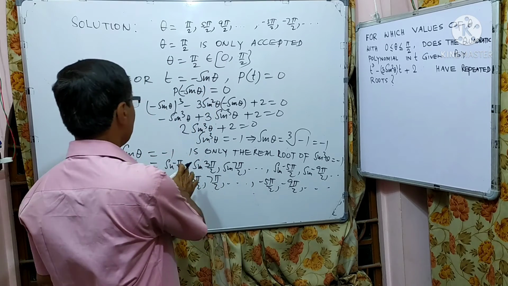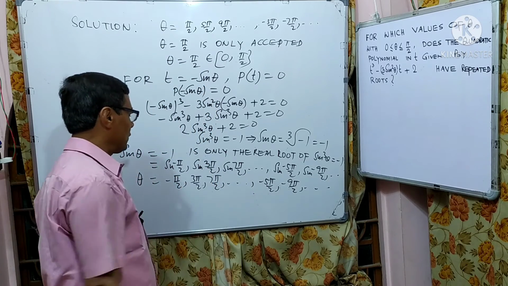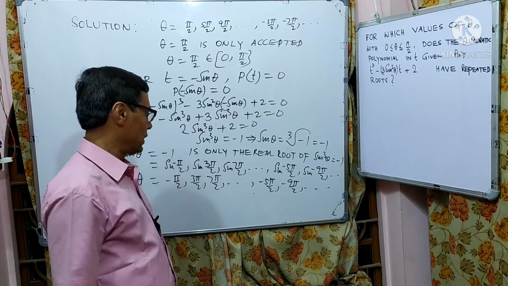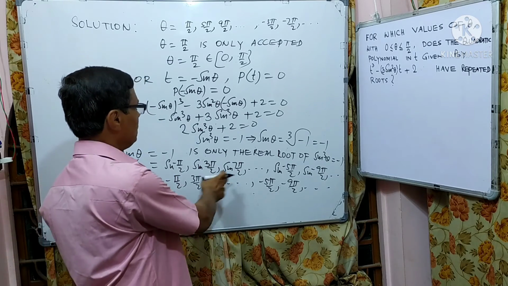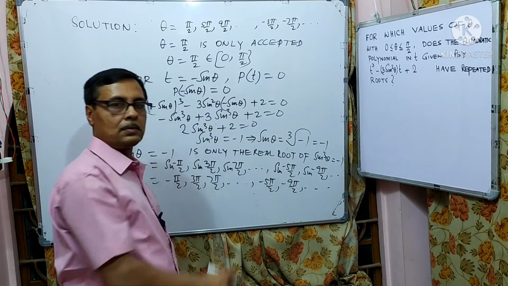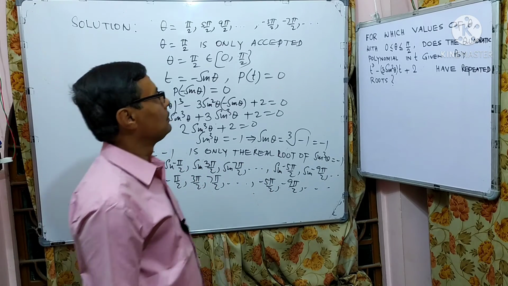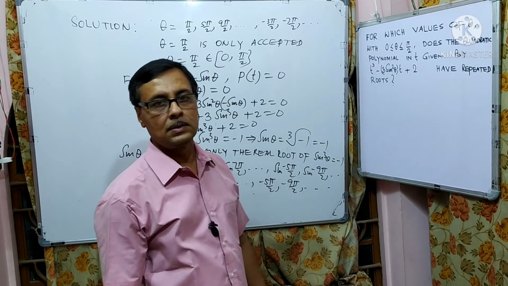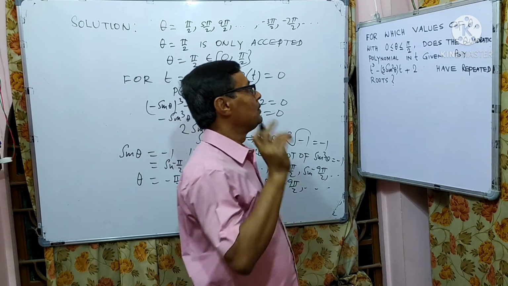Among these infinite roots of theta, none satisfies this inequality, that is 0 less equal to theta less equal to pi by 2.